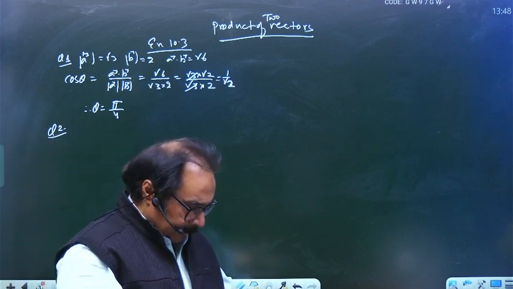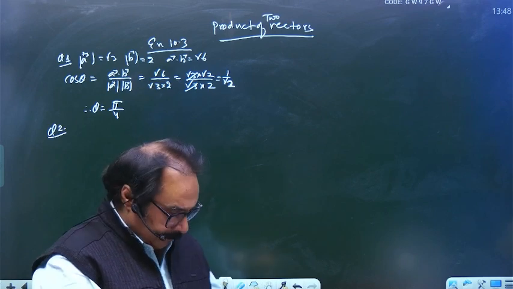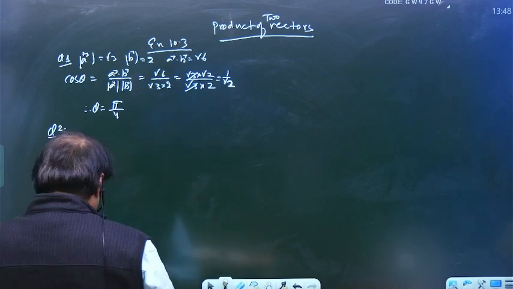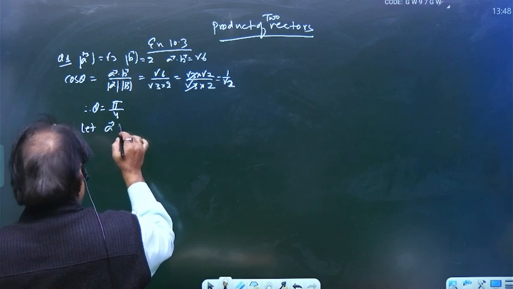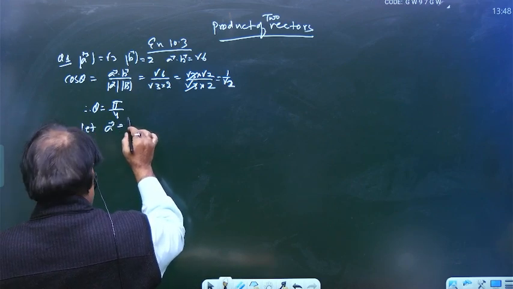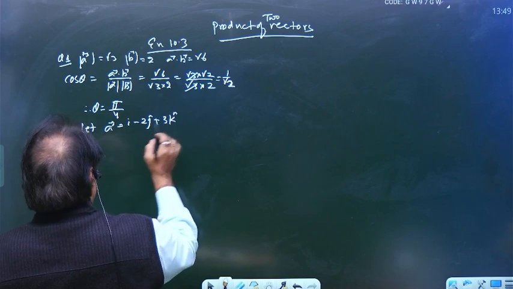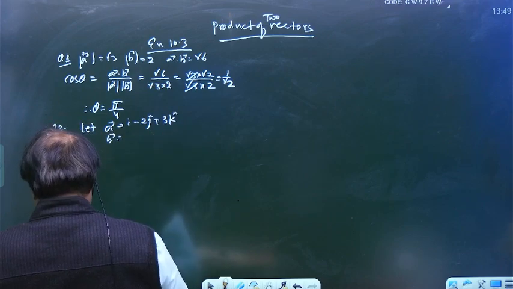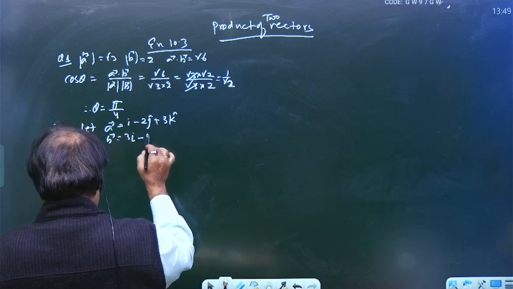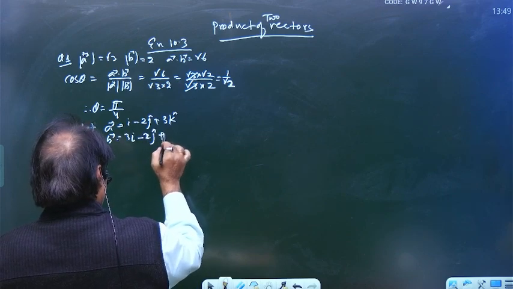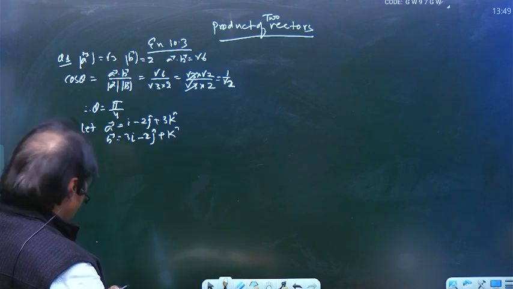Now the second question is: find the angle between these two vectors. Let vector a be equal to i cap minus 2j cap plus 3k cap, and vector b be equal to 3i cap minus 2j cap plus k cap. We have to find the angle between these two vectors.